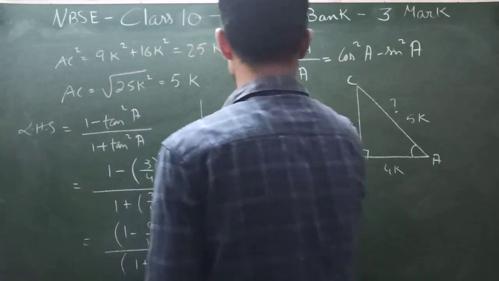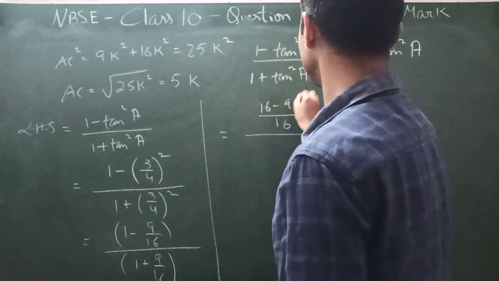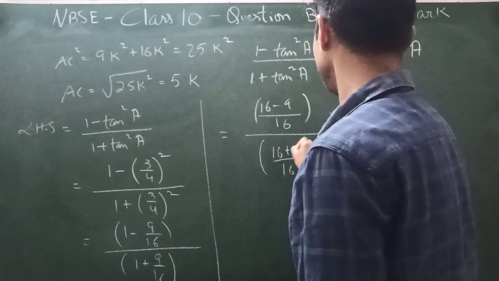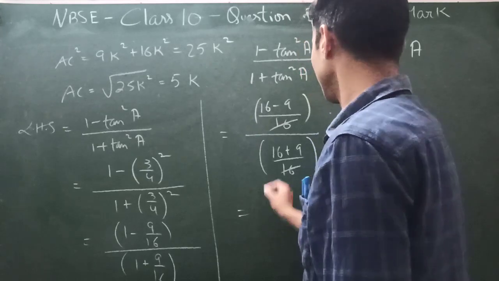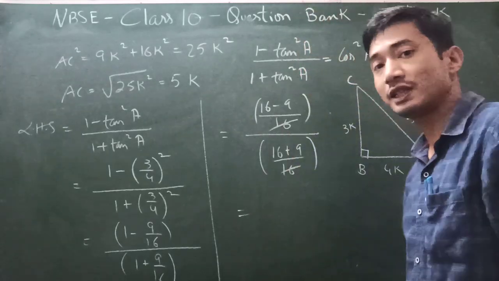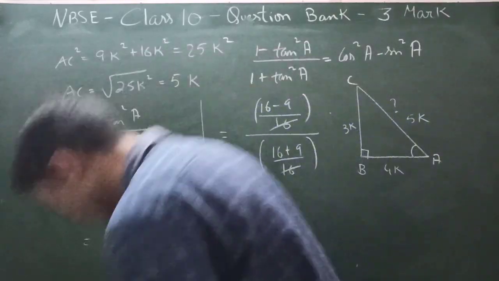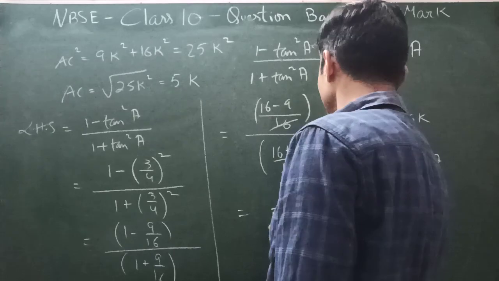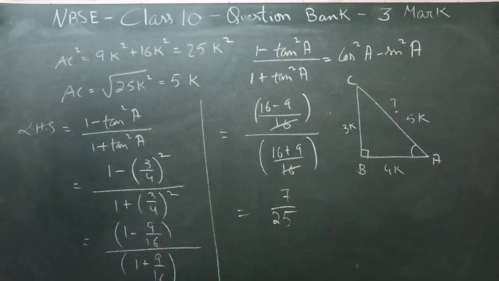Now simplifying, common LCM 16. So 16 minus 9 by 16, and 16 plus 9 by 16. So 16 denominator done. 16 minus 9 is 7. Chalk has to fall every time. Okay. 7 by 25. Alright, so this is our left hand side.